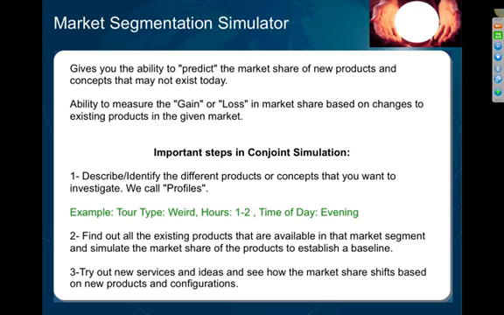The second one is that you want to find out all of the existing products that are available in that market segment and simulate the market shares of the products to establish a baseline. Basically, what that means is that you can create new product ideas from this and then compare it to existing tour types, either what you have or what's available in the market right now.